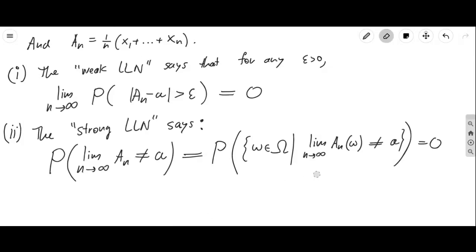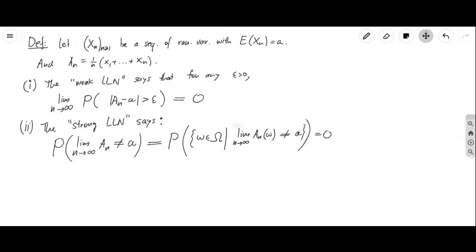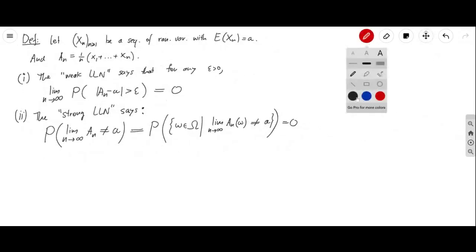And let's therefore write some theorems down relating to this. Theorem, part 1.